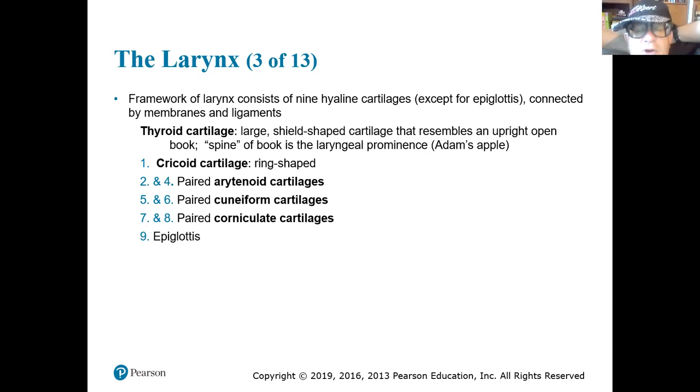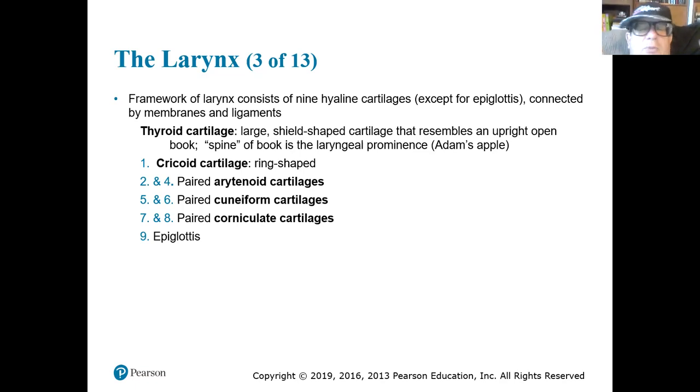Below that, you have one cricoid, one big fat ring. But the others are paired. The cuneiform paired, the arytenoid paired, the corniculate paired. Now, I don't like the way they wrote these because I would always put arytenoid and corniculate together.